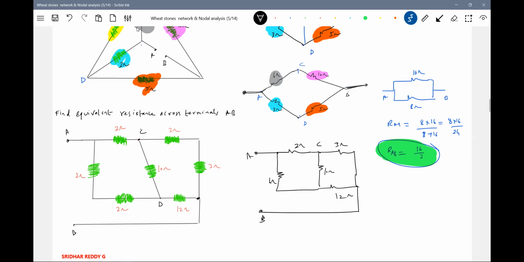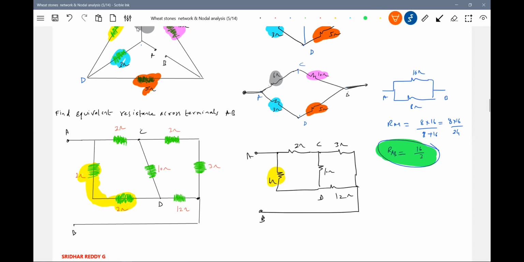I readjusted the numbering. What I actually did: look at these two, they're in series. The effective resistance of the 2 ohms will be 4 ohm. That is this 4 ohm.